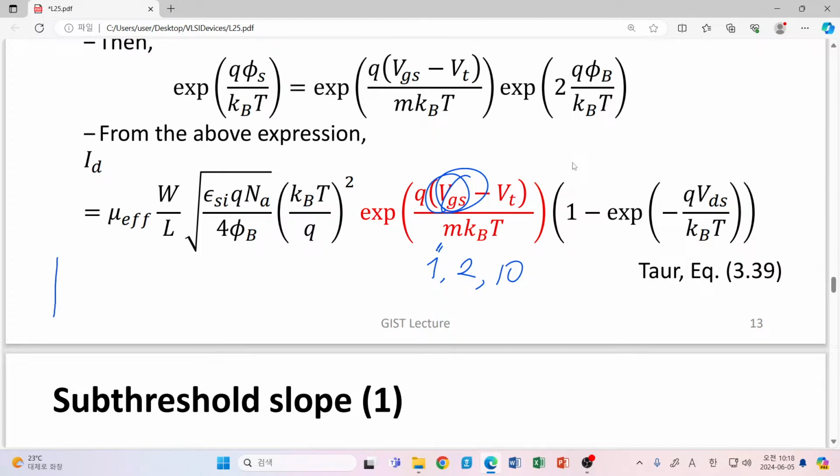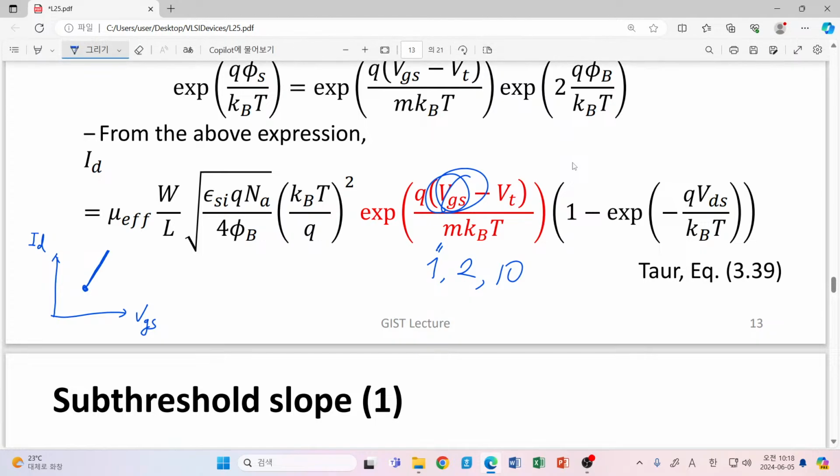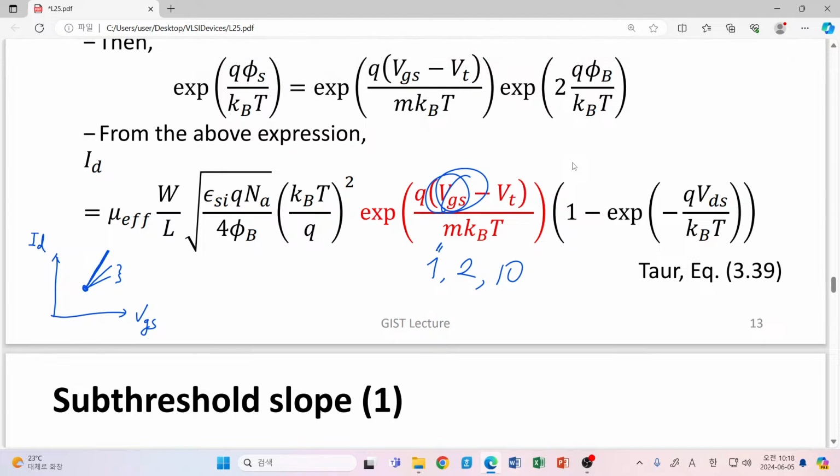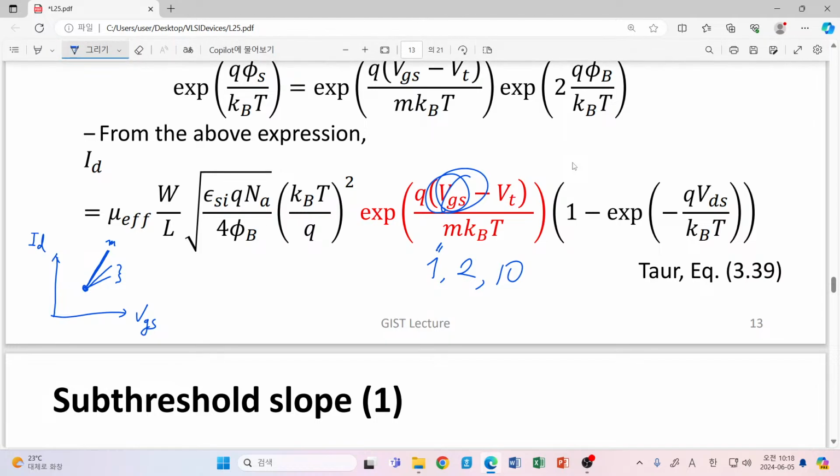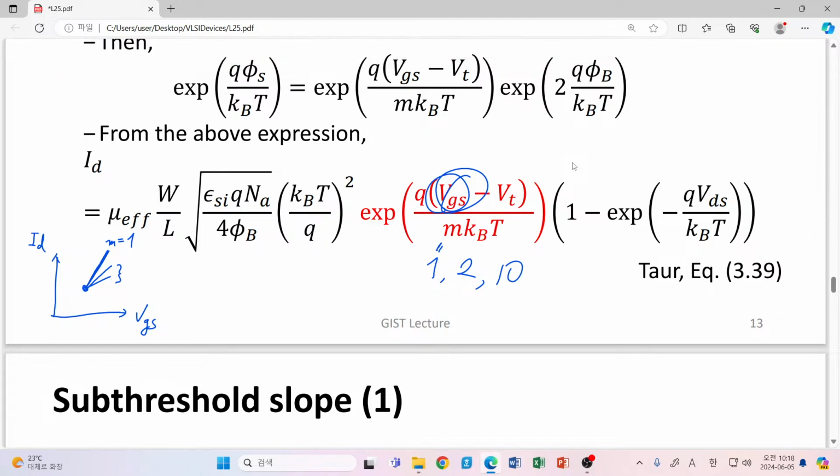So, simply speaking, if we have gate-source voltage and ID drawn on a semi-logarithmic scale, if we have the M equal to 1 case, then we will have a relatively steep behavior. However, unfortunately, if we have higher M values, then our increase will be degraded, and these cases are regarded as undesirable. So we want to keep the value of M as close as possible to unity, the number 1.